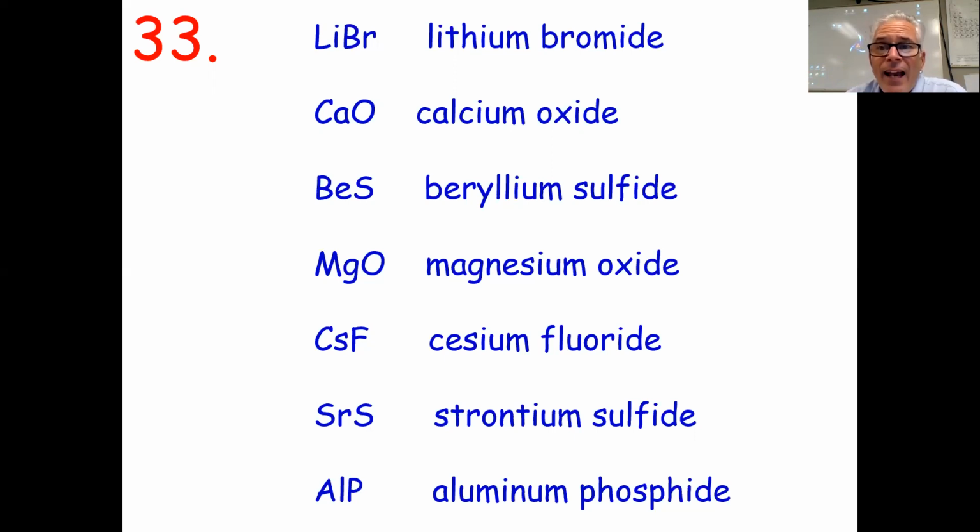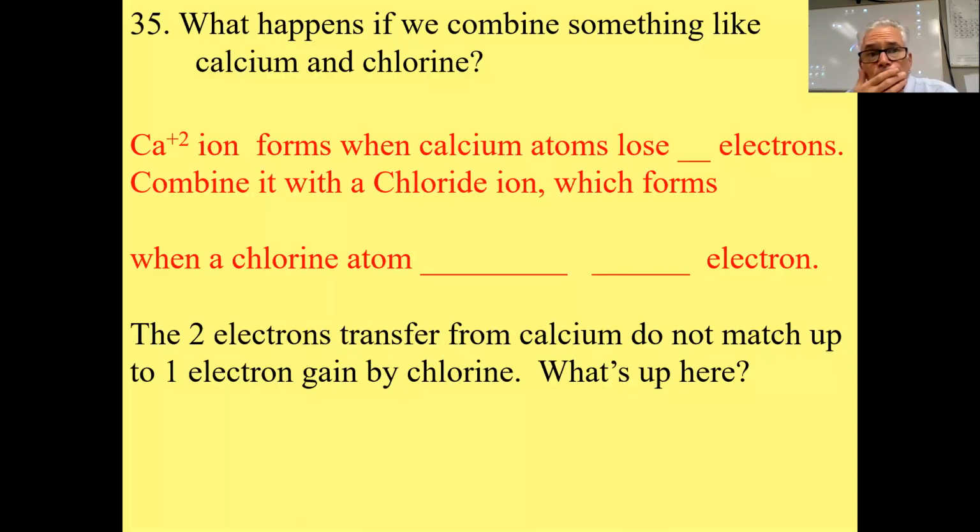How do you remember that? NaCl is sodium chloride, and you already know that. That's the rule. Now, what if we combine something like calcium and chlorine? How is that going to work? Calcium is going to make a positive 2 ion. How do we know that? Well, on the periodic table, calcium has a 2-8-8-2 electron configuration.